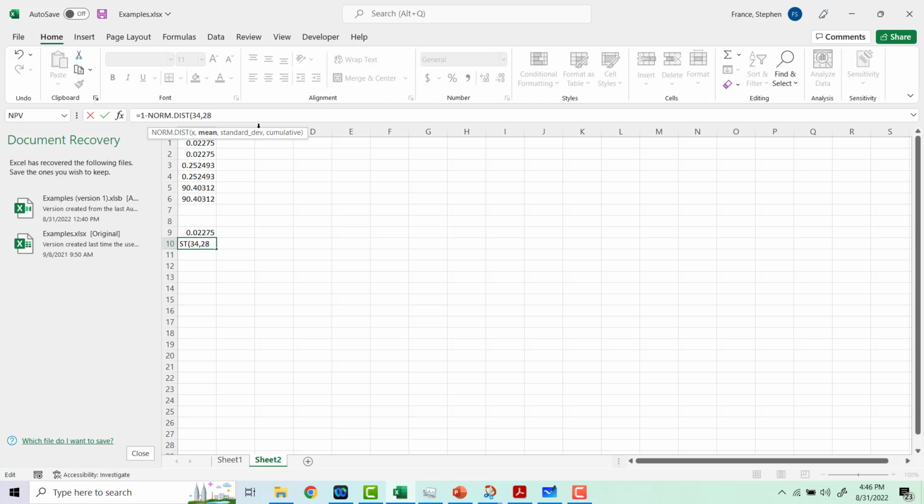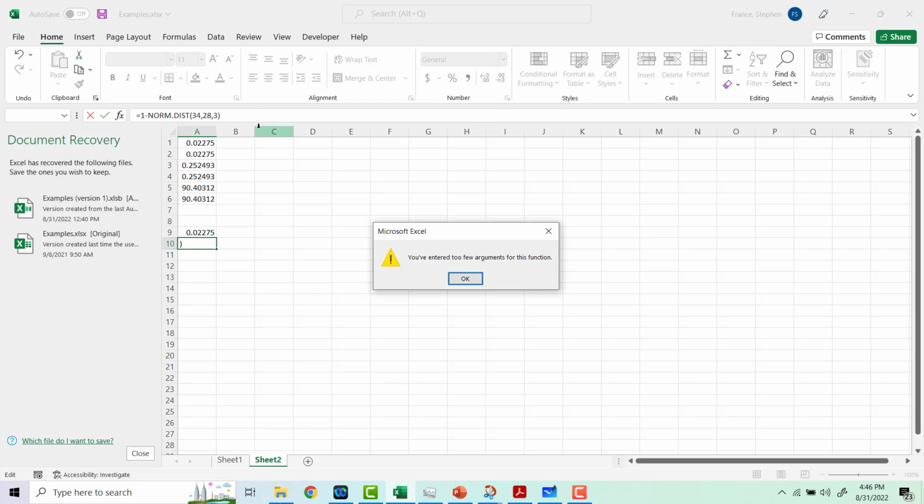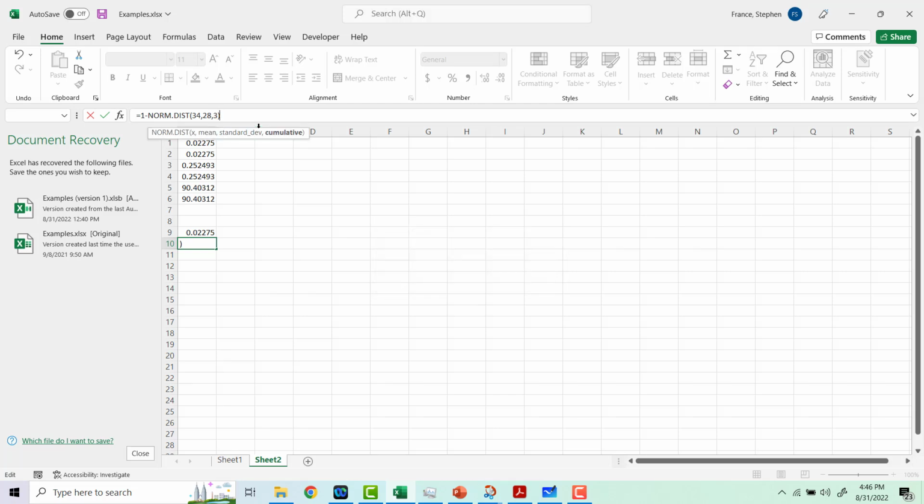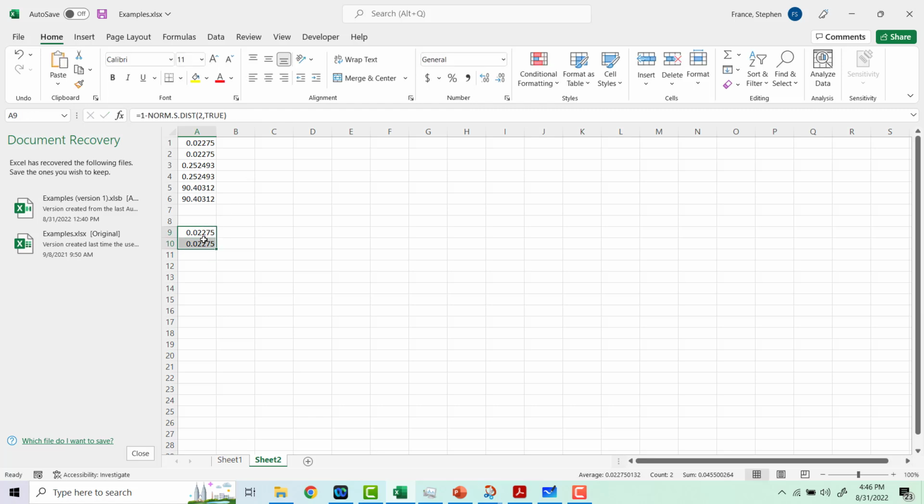There's a mean of 28 and a standard deviation of 3. And again, we always have to put true because we're not looking for a point area. We're assuming a cumulative distribution. And again, exactly the same answer. This is the answer that we got before.